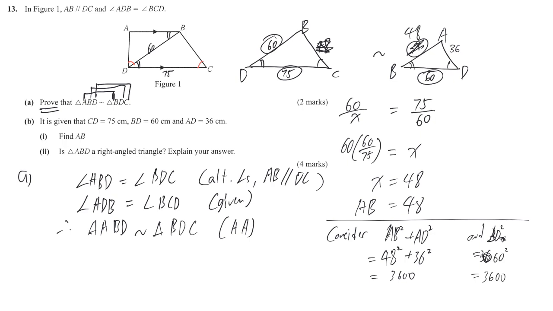And then you can make your conclusion since it satisfies this relation. That's why it is a right angle triangle. Don't lose any marks here if they ask you to prove they are a right angle triangle.